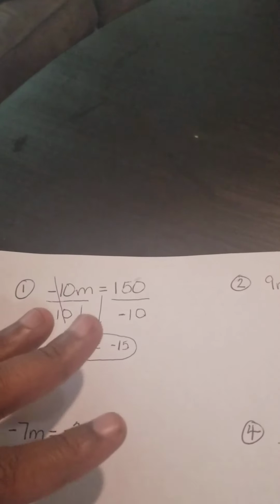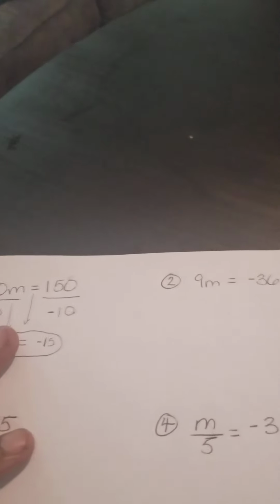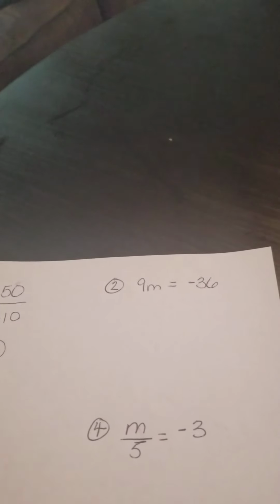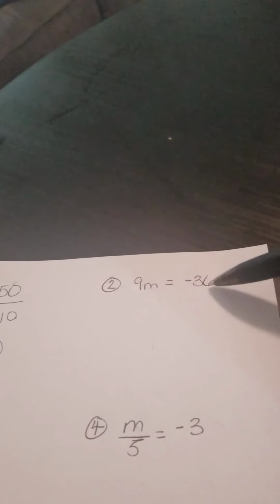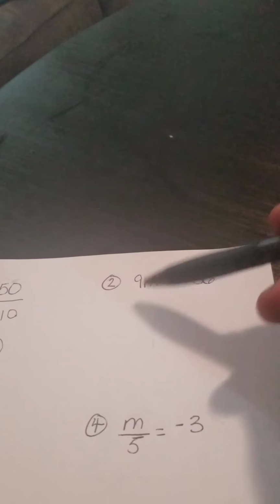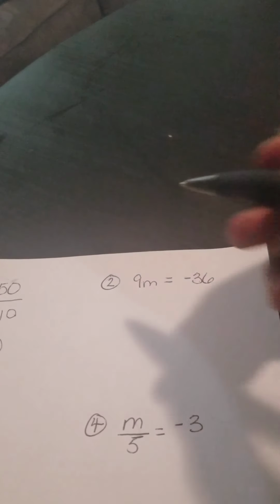All right, let's move on to number 2. Number 2, we have 9m, which is 9 times some number, equals negative 36. So you see for this one, the negative sign is on the right side instead of the left. So we're just going to do the same process.